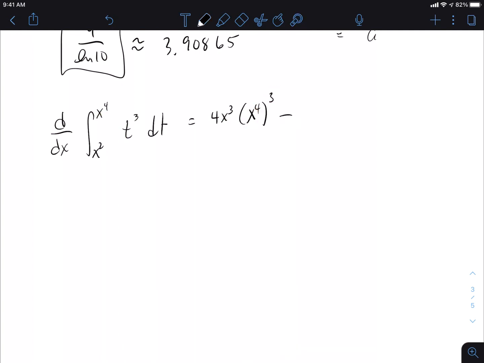Now the lower bound, because now we have a variable there, you take the derivative of the lower bound, and then that plugged in to the 3rd. Okay, makes sense. So what's that going to be? 12, 15. So 4x to the 15th minus 6x to the 7th.